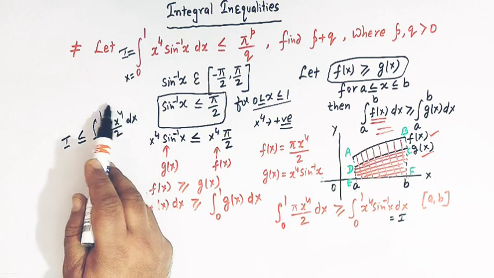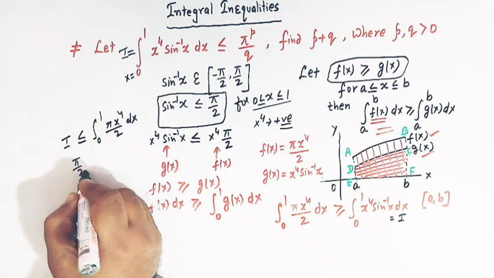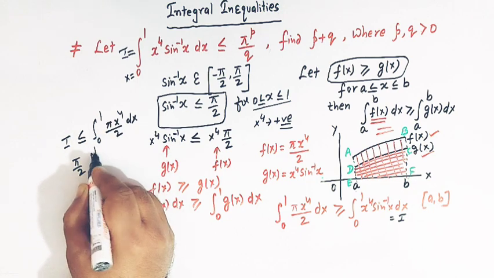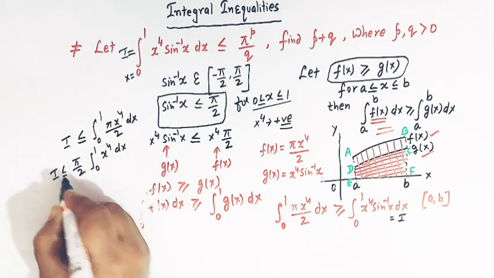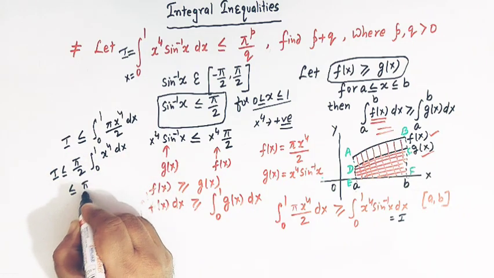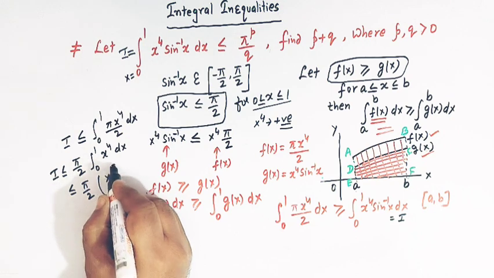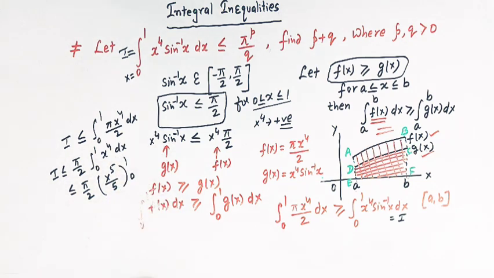Now we can easily solve this integral. Taking pi by 2 outside the integral, we have the integral from 0 to 1 of x raised to 4 dx. The integral of x raised to 4 is x raised to 5 over 5, with limits from 0 to 1.